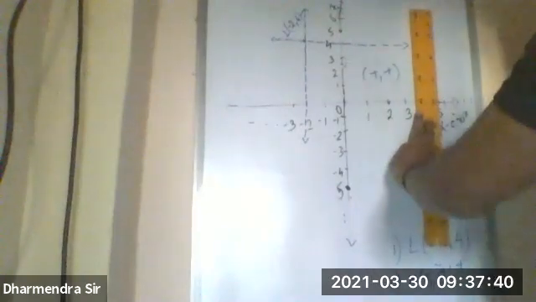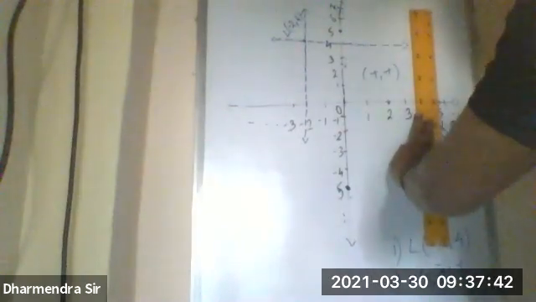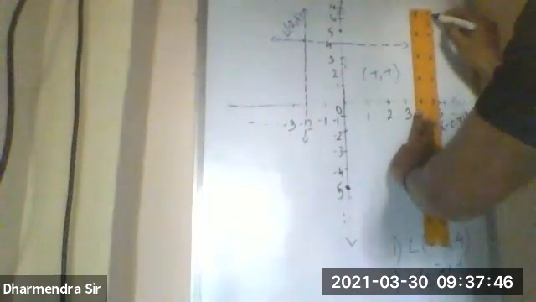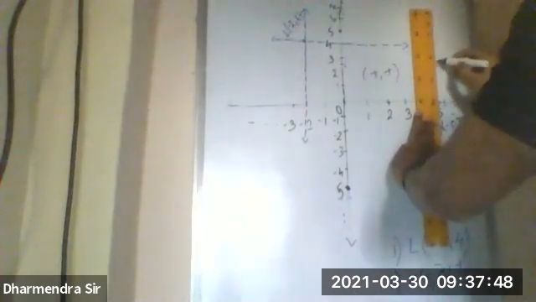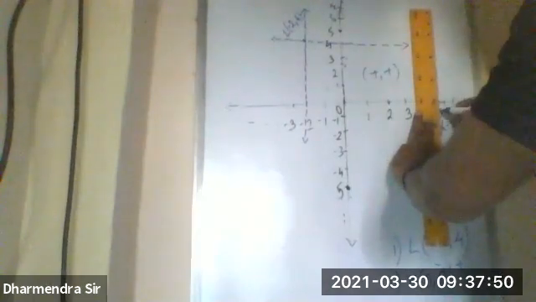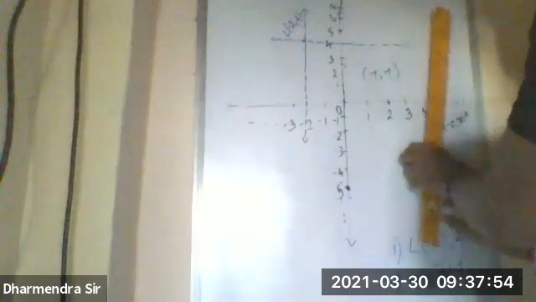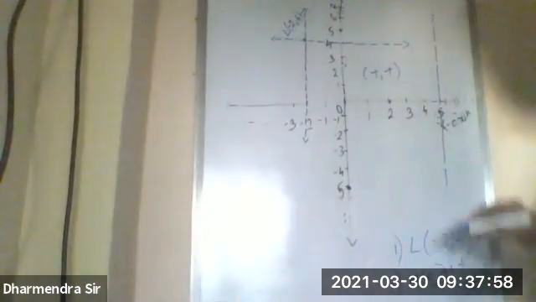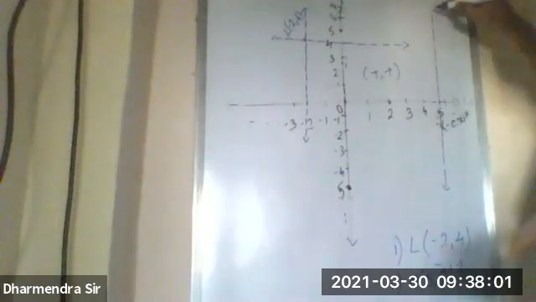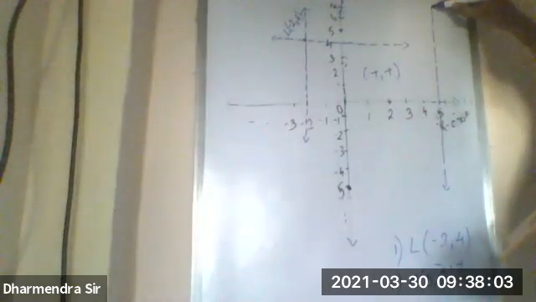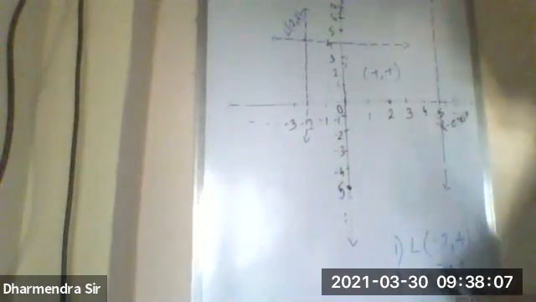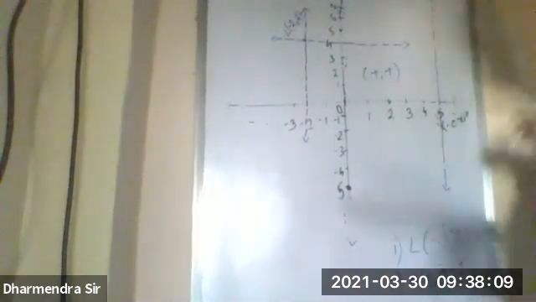So x equal to 5 represents the vertical line. This time I'm taking a larger dotted line so that it will be visible to you. So this is x equal to 5. Now they are saying y equal to 6.